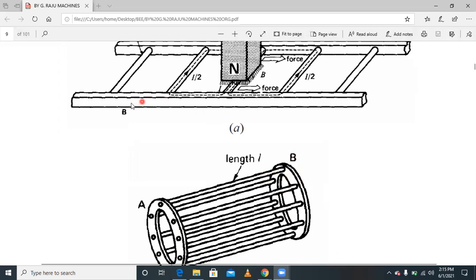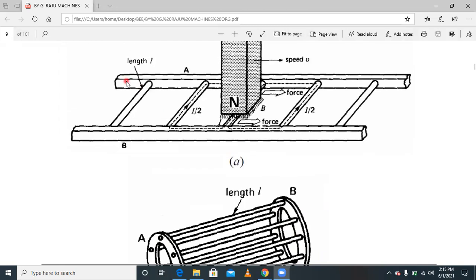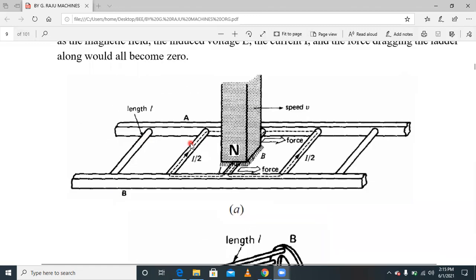These extremities are short circuited by these end rings. Understood?